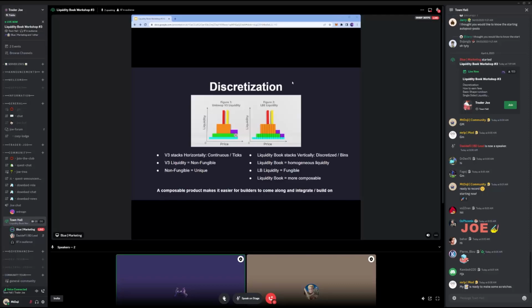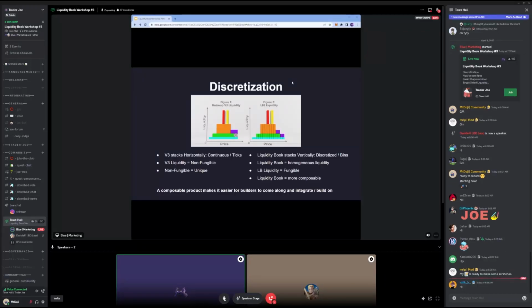So it's not a unique position that you've got, because it's a fungible architecture. And that means Liquidity Book as an AMM is more composable because of these fungible token positions. They can be integrated or built on top of by other protocols. Fungible token positions can be divided, mixed up, and taken elsewhere and deposited into a different type of product on top of the liquidity pool position.